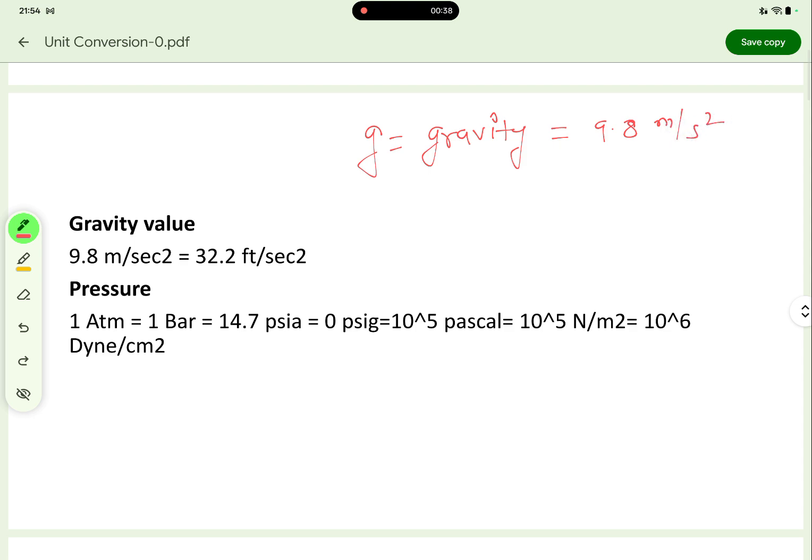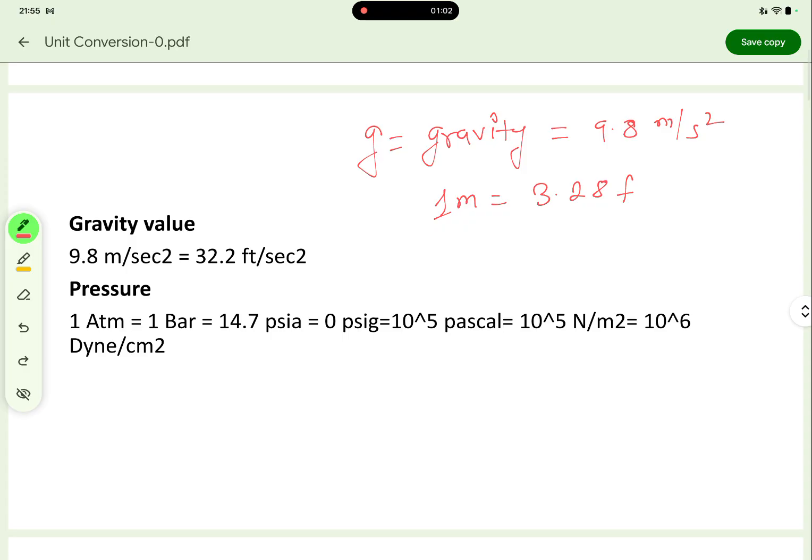So if you want to change this unit into the field unit, what we need to know, we know that 1 meter is equal to 3.28 feet, right? And the second square, the value of second square in the field unit, as well as the CGS and the MKS unit, both are same.